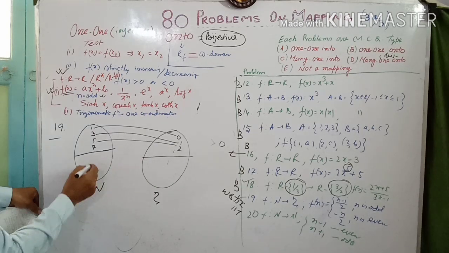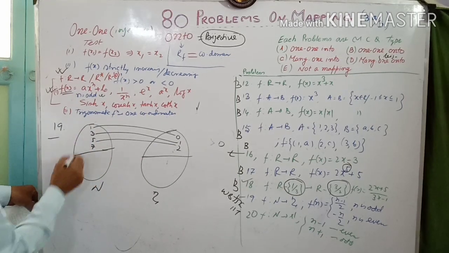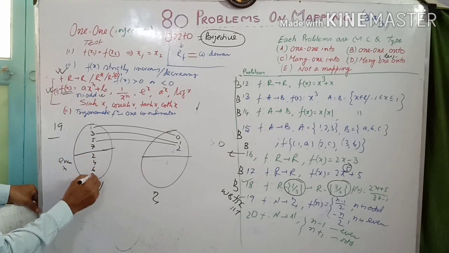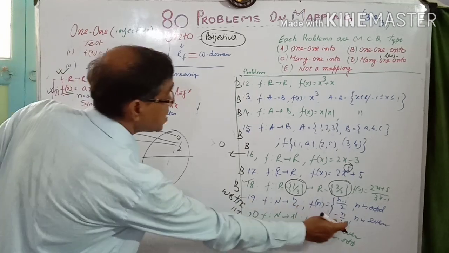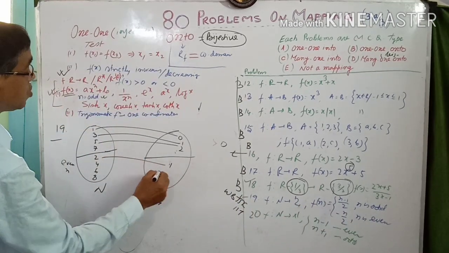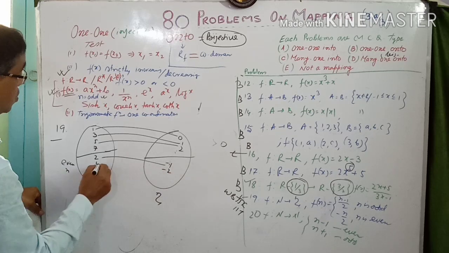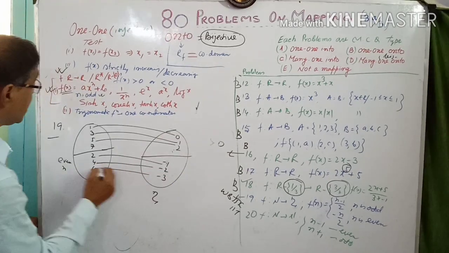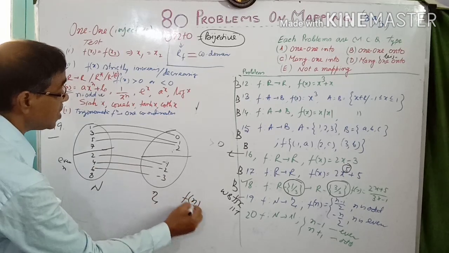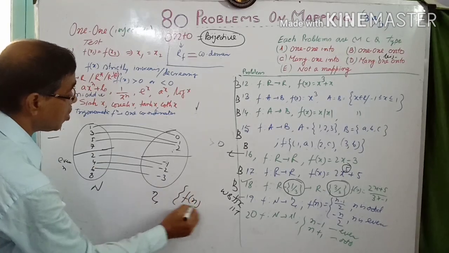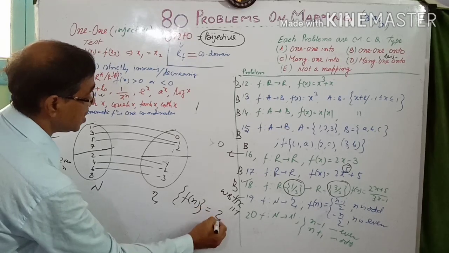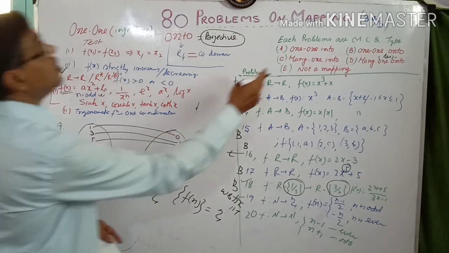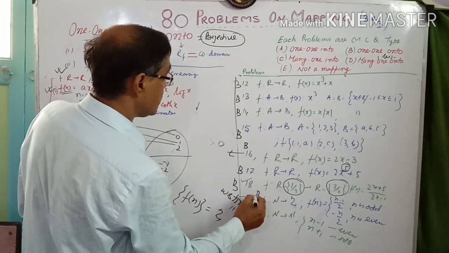Also for even n, 2, 4, 6, 8, you get minus n by 2, that is you get minus 1, minus 2, and minus 3, and so on. Here the set of f(n) equals Z. Therefore, it is onto also. Therefore, the answer is B.